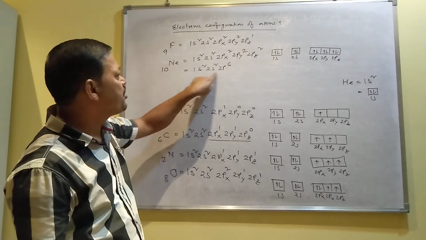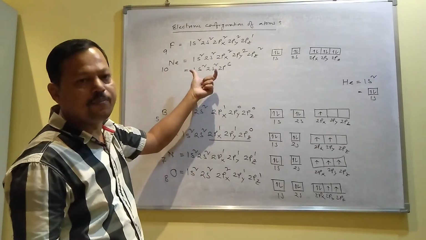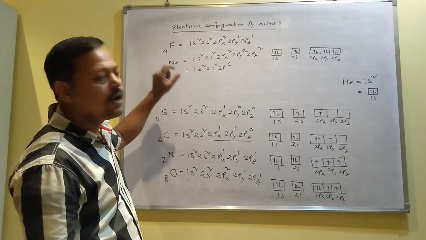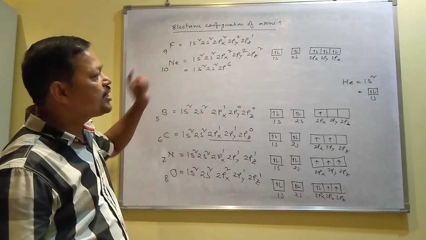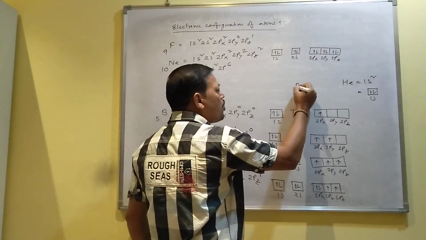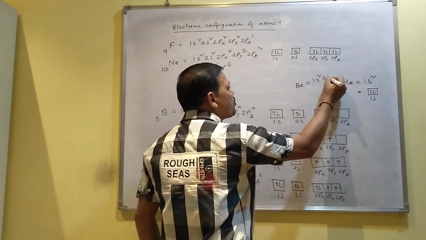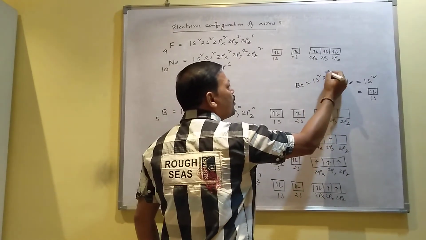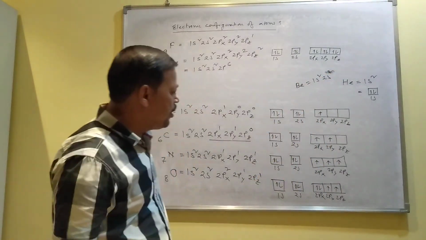No electron can be entered in these orbitals now. So this type of filled-orbital configuration is always stable. Neon is stable, helium is stable, beryllium is also quite stable because 1s2, 2s2 are both completely filled. That's why beryllium is also stable.